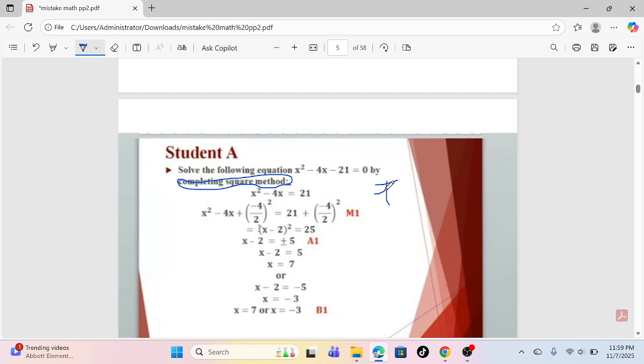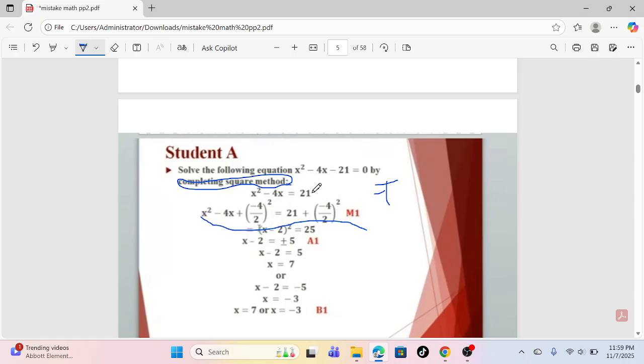If a student commits to using the formula or factorization and the question requires completing the square, the student will not score. And the examiner will know if the student used the method of completing the square, factorization or formula by the first step, that's method 1.